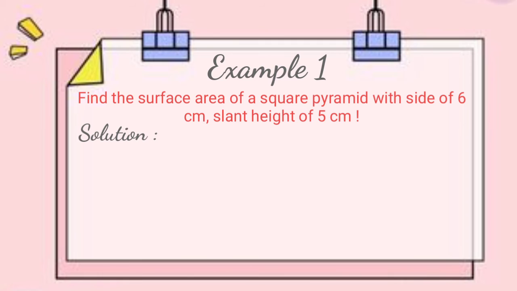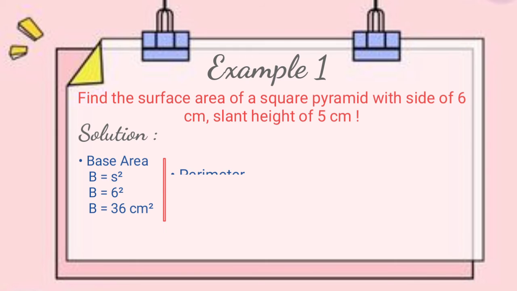First, calculate the area and perimeter of the square base. The base area is B equals side squared. Then we get B equals 6 squared equals 36 square centimeters. And the perimeter is P equals 4 times side, where the side is 6 centimeters. So the perimeter equals 24 centimeters.